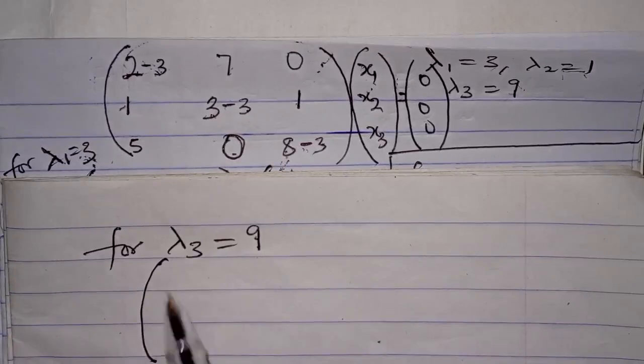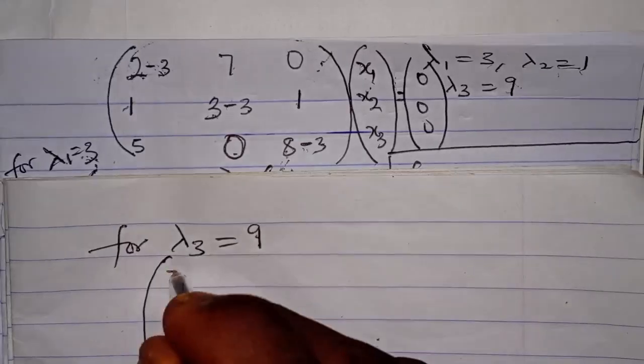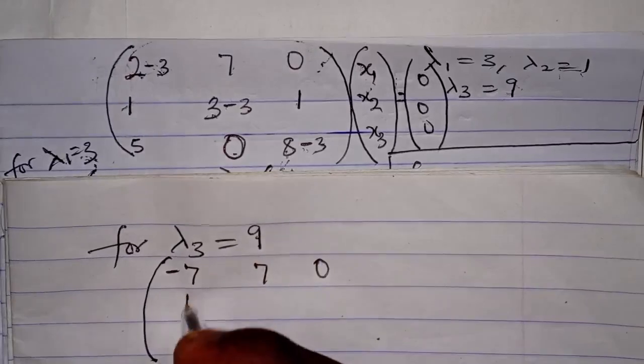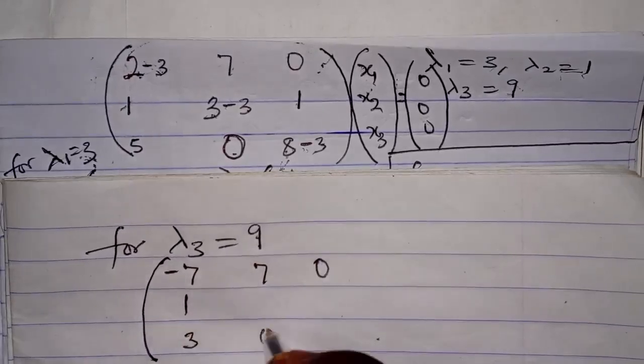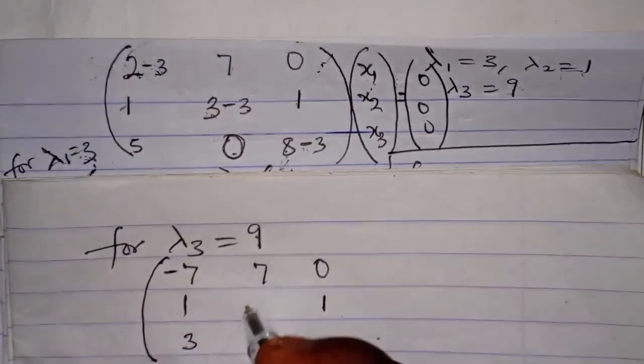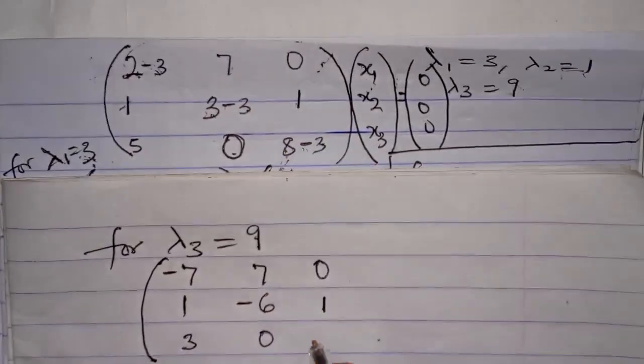So we have 2 minus 9, that's minus 7. Then we have 7, 0, 1, 3 minus 9 is minus 6, and 8 minus 9 is minus 1.